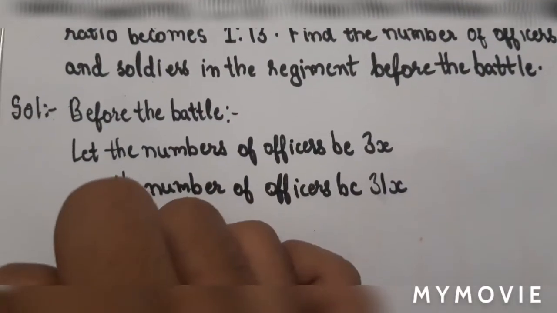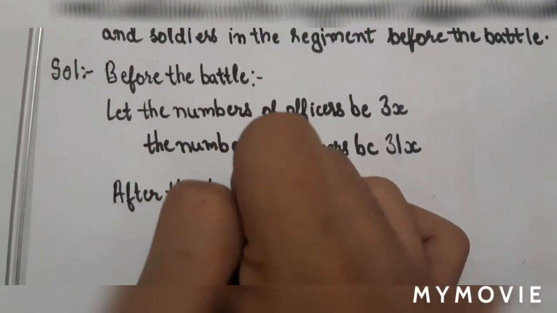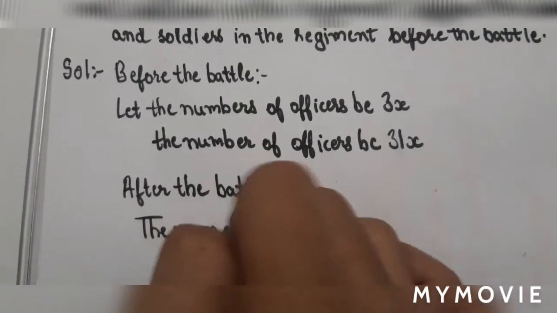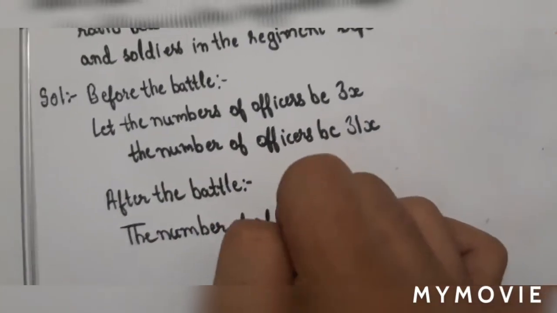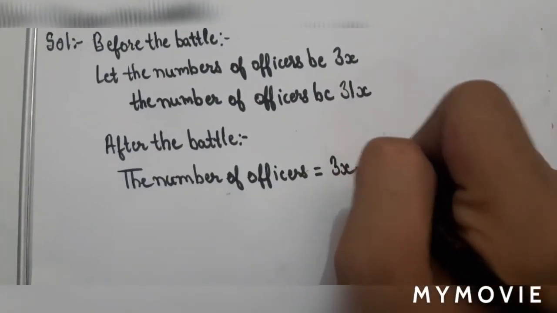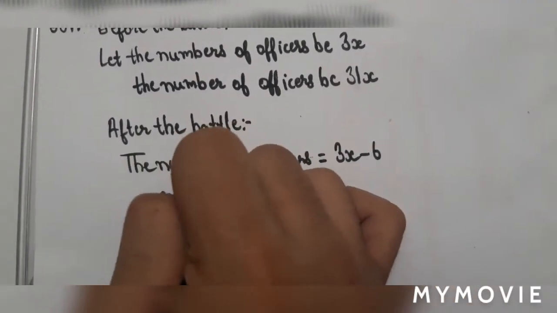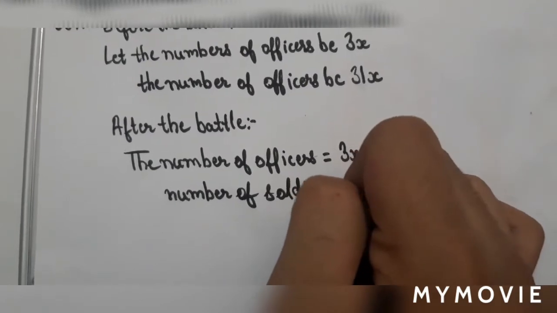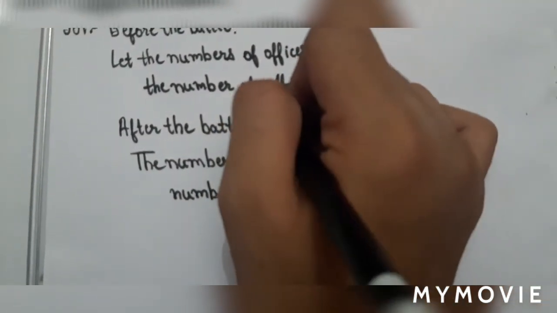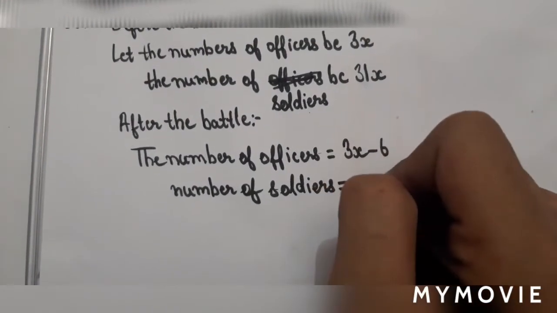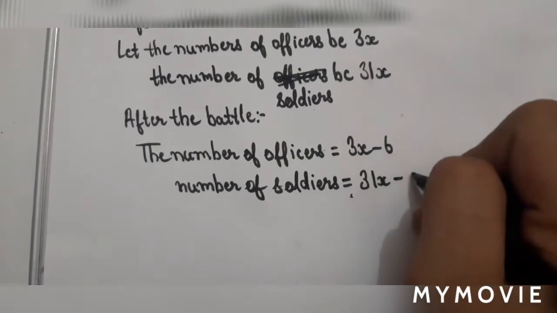So after the battle, the number of officers is equals to 3x minus 6, because 6 officers were killed, and the number of soldiers is equals to 31x minus 22, because 22 soldiers were killed.